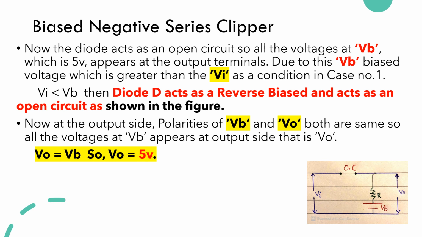Now what is the output? At the output side, polarities of VB and output voltage Vout are both the same, so all the voltage at VB appears at the output side, that is Vout. So Vout is equal to VB and VB is equal to 5 volts, so Vout is equal to 5 volts.